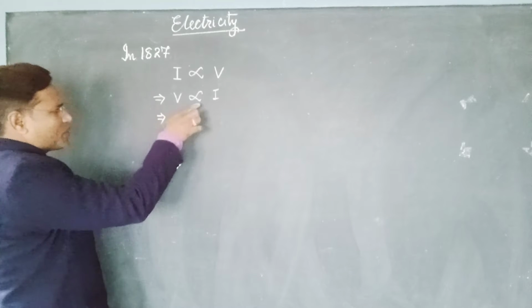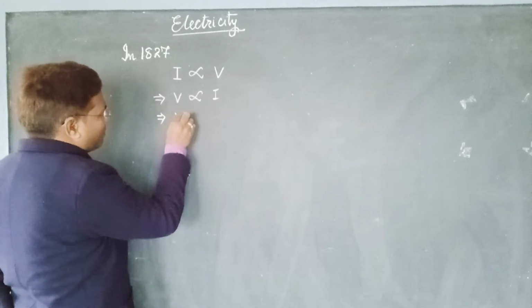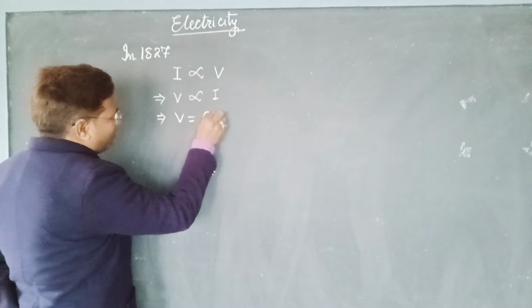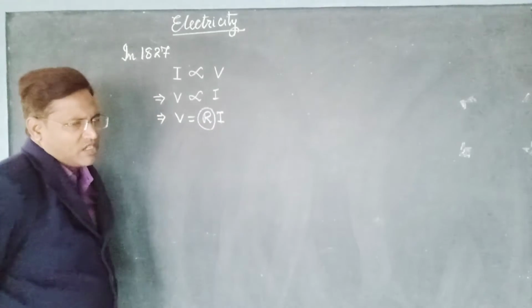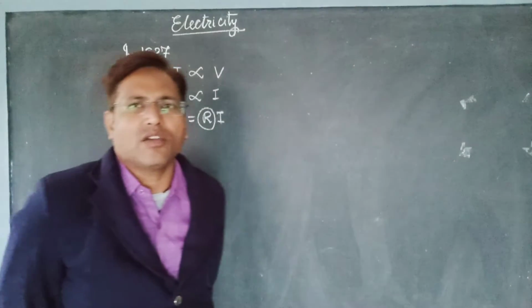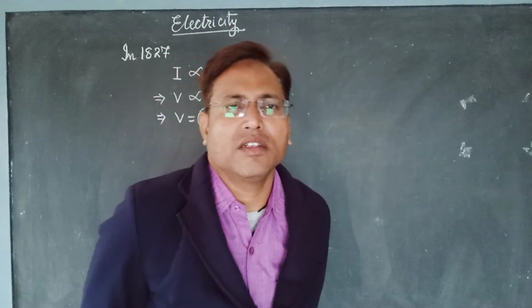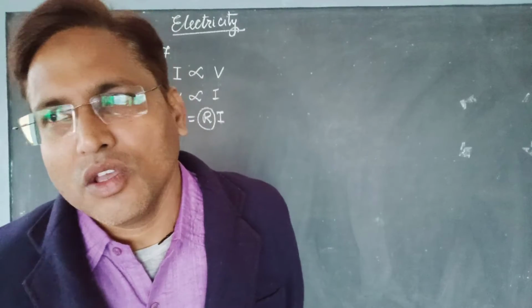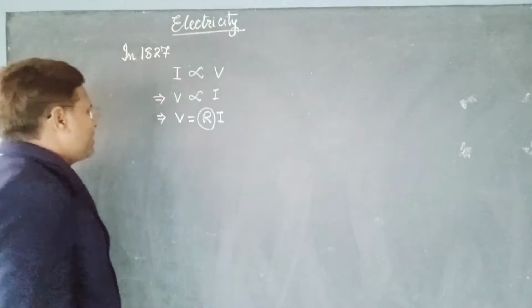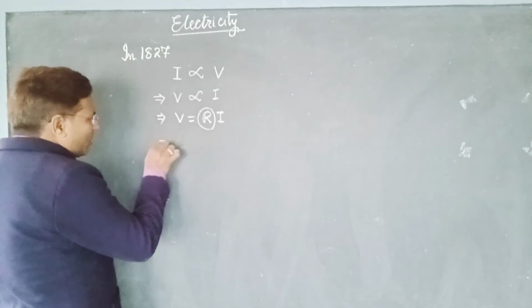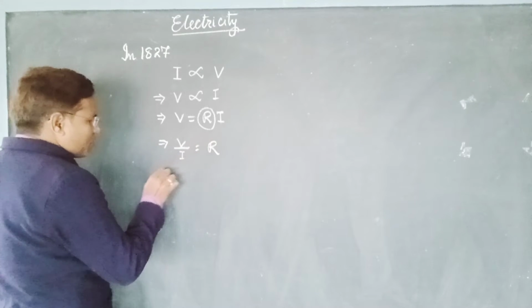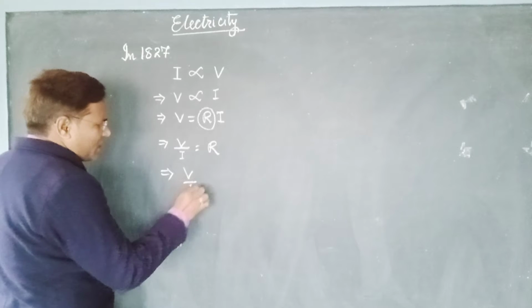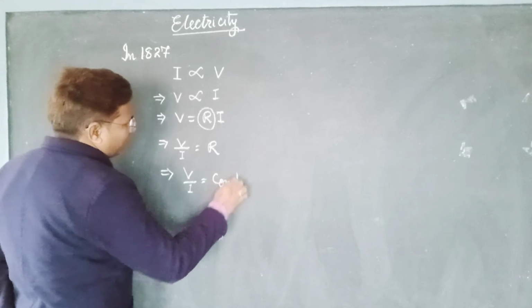When we remove this proportionality sign, we write V is equal to RI, where this R is the proportionality constant, and this proportionality constant is known as resistance. So if I write V by I is equal to R, that means V by I is equal to a constant.